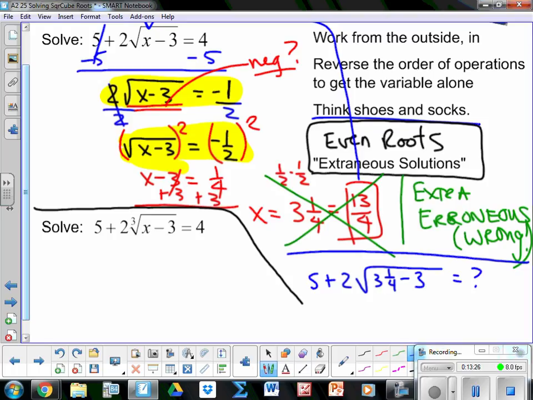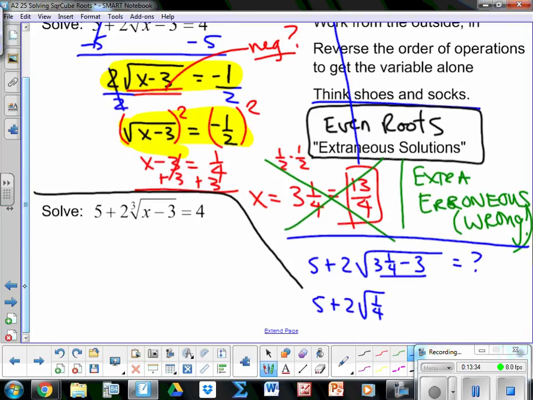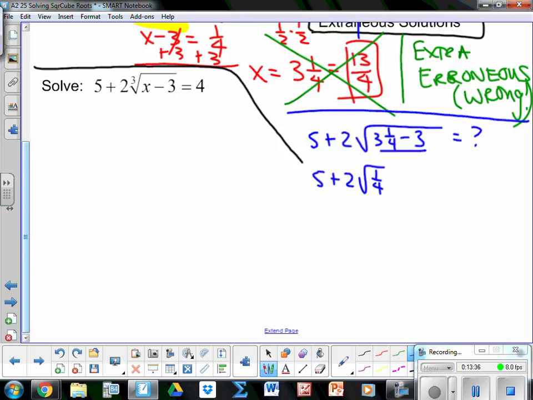Okay, again, start on the inside, so this becomes 5 plus 2 times the square root of 1/4. Okay, so 5 plus 2 times, well, the square root of 1 is 1. The square root of 4 is 2. So this becomes 5 plus 1, which is not 4.